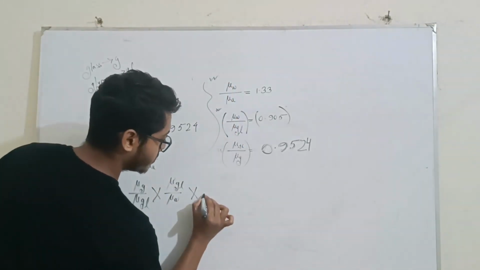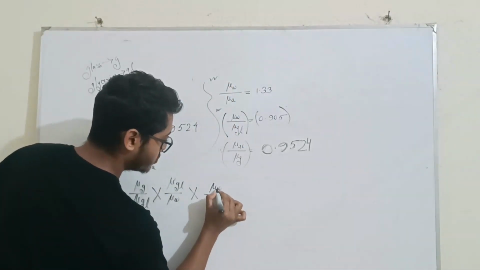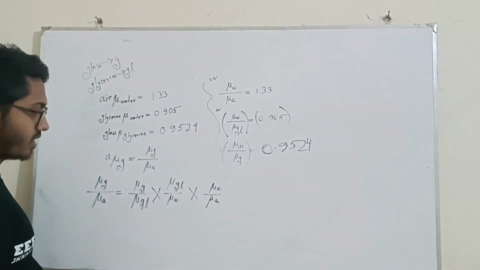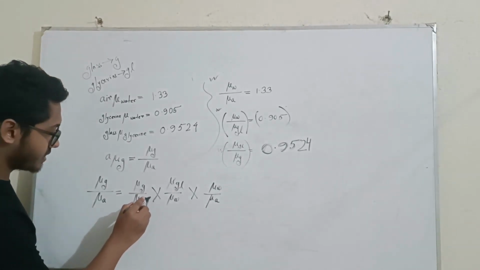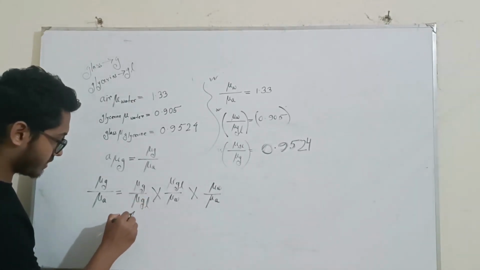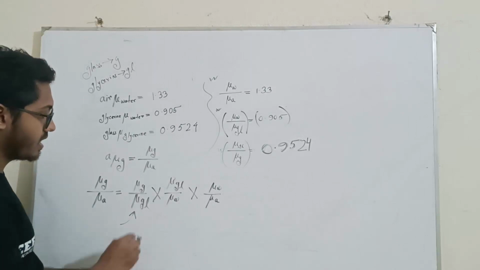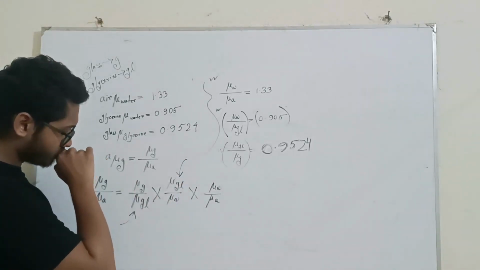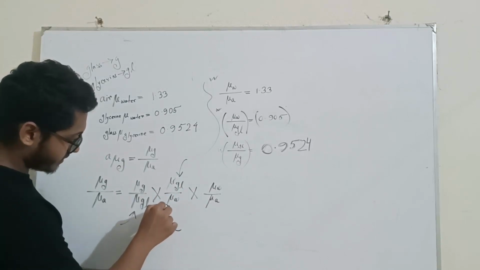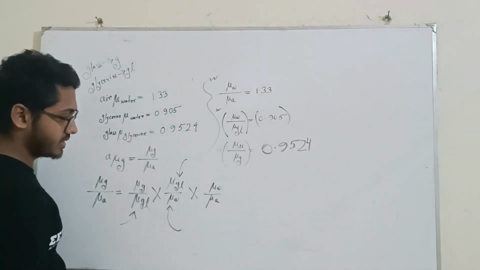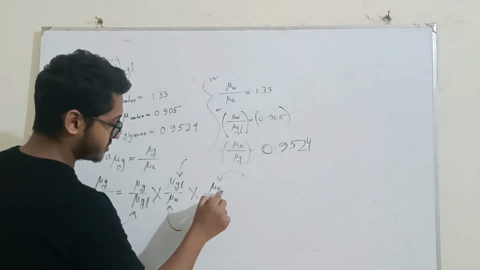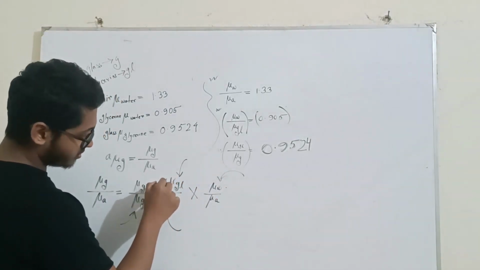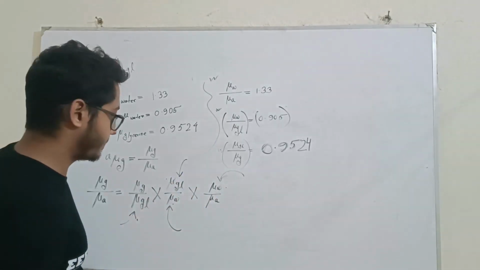If we have nu W, refractive index of water, by nu A, refractive index of air, now see, with this equation, this refractive index of glycerin can be cut out with this refractive index of glycerin. Again, this refractive index of water can be eliminated by this refractive index of water. The denominator and numerator will be cut out, and in this case also the numerator and denominator will be eliminated.